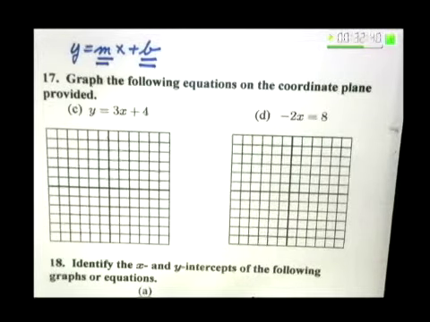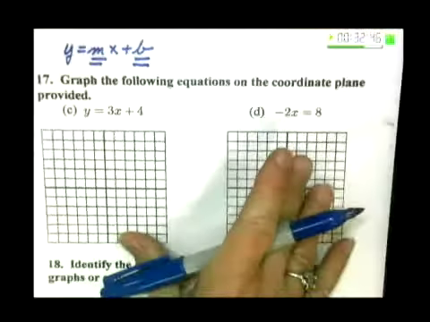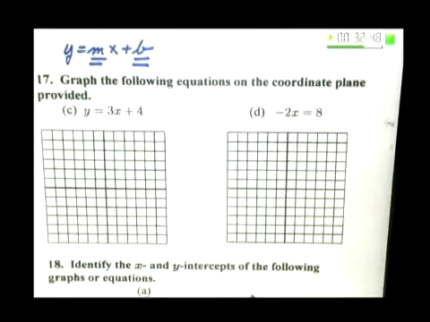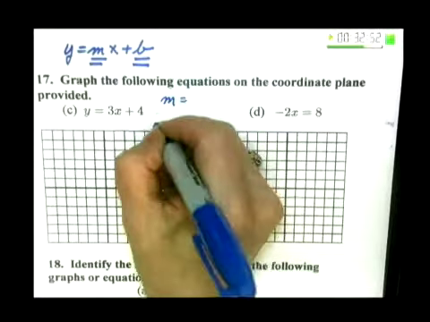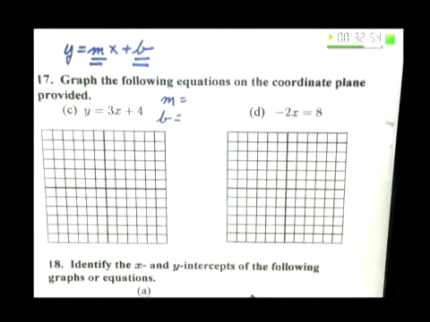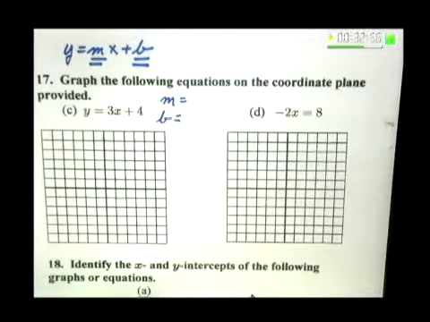And remember on our last problem, the y-intercept is where the line crosses the y-axis. So if I'm looking at this equation, y equals 3x plus 4, what I want to write is what is the value of m and what is the value of b. I want to write it so it makes the problem easier and I don't make a careless mistake.